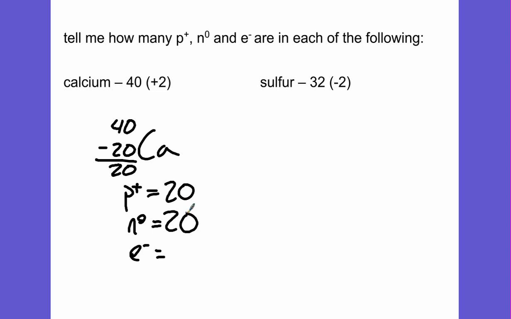But now I have a charge to deal with, right? If there was no charge on this calcium, I would assume that there were also 20 electrons to balance out my 20 protons. But since there is a charge, since that calcium is going to have a +2 charge, right, which would go top right, I need to make sure that I have 2 more positives than negatives.